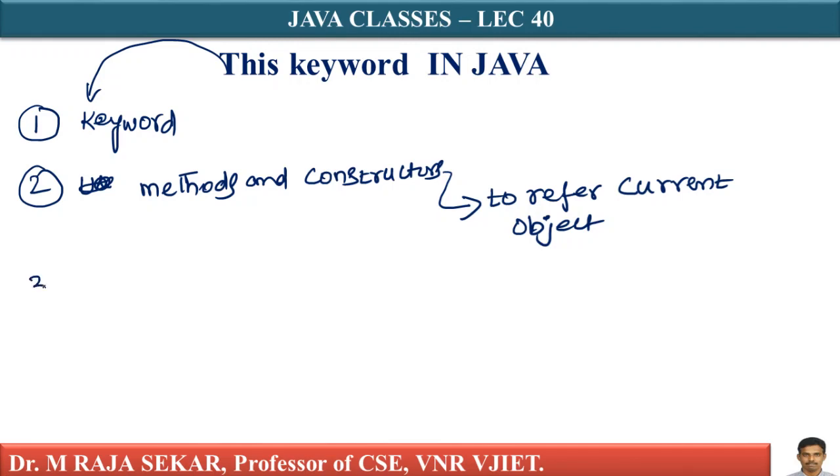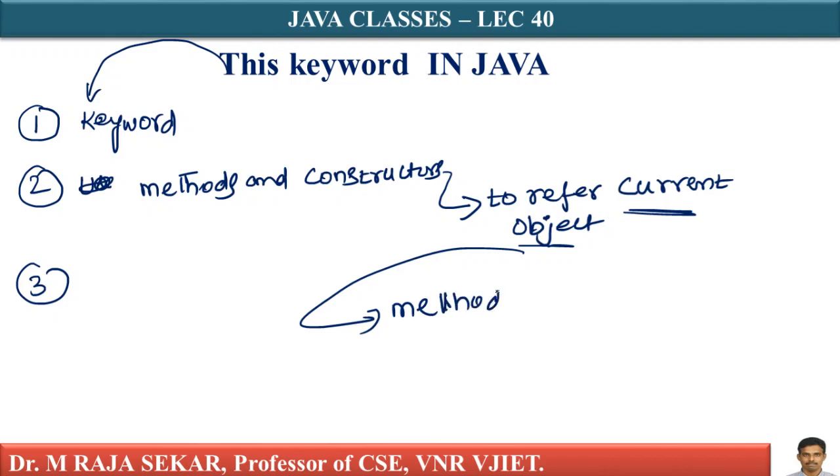Then what is the current object? The current object is the one with which a method is called. I will explain it after a few minutes.